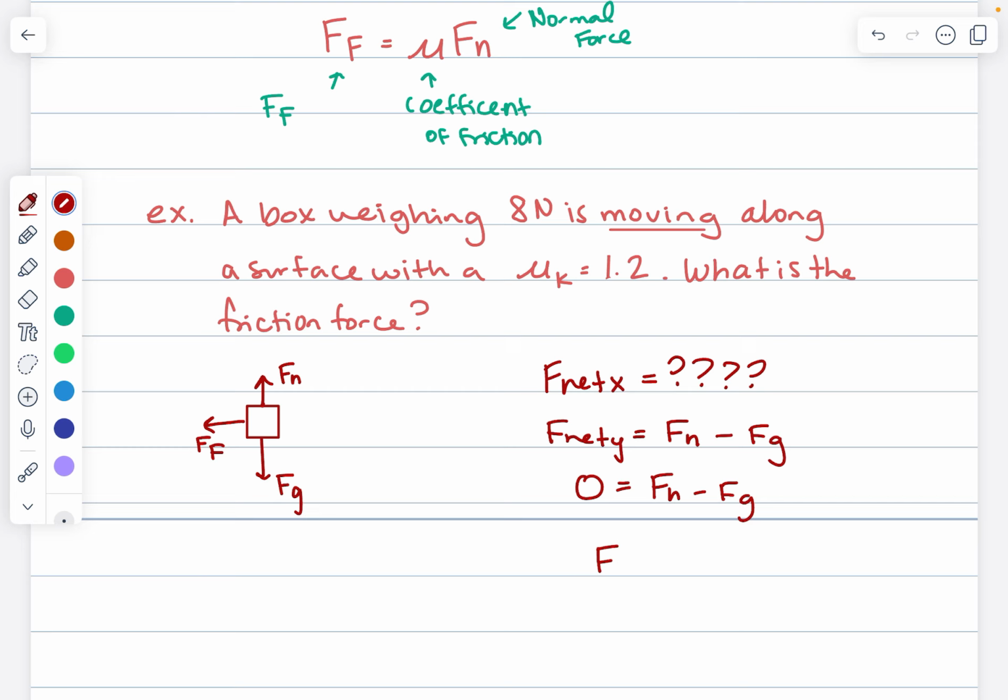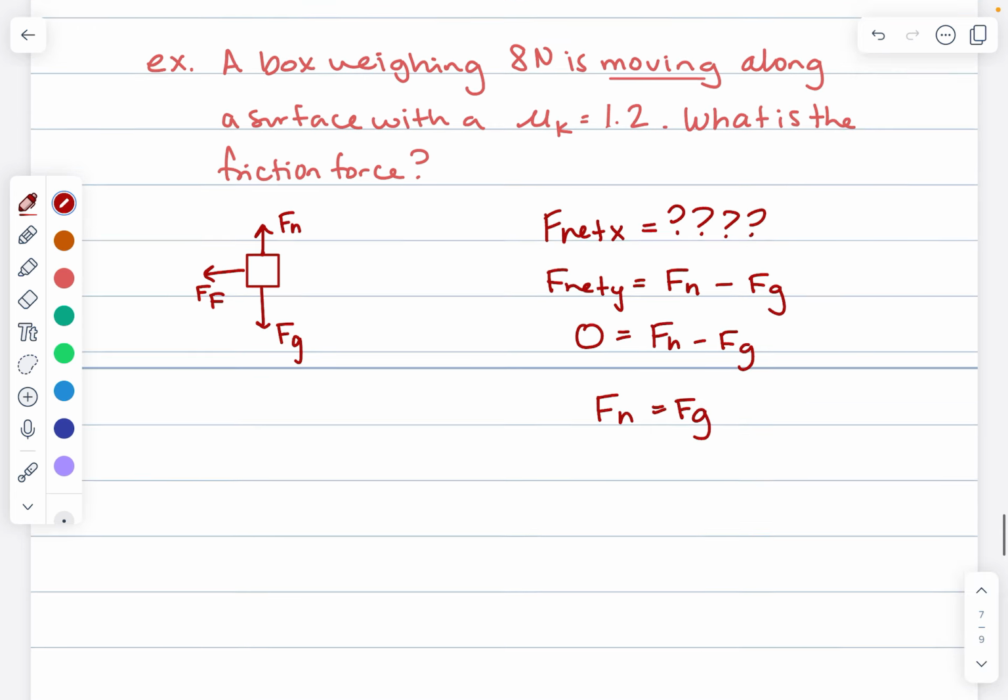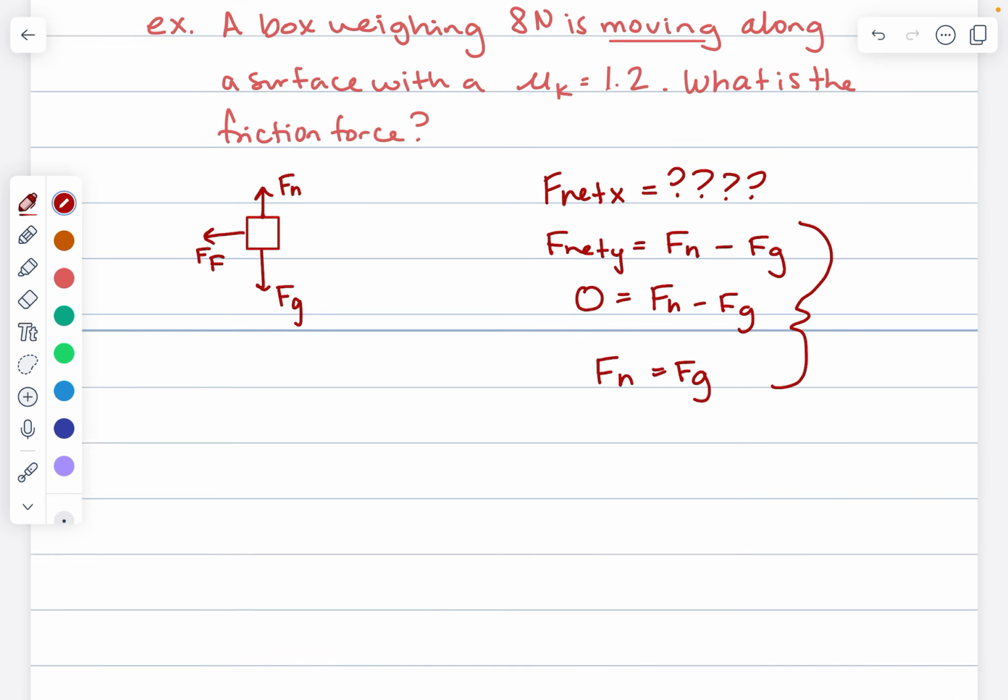So Fn is equal to Fg. This is true a lot, but not always. So double check. Be careful. Don't just make the assumption normal force is always equal to Fg.